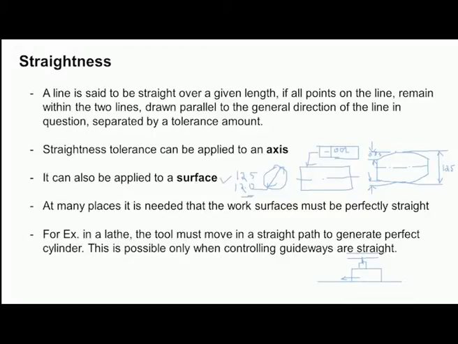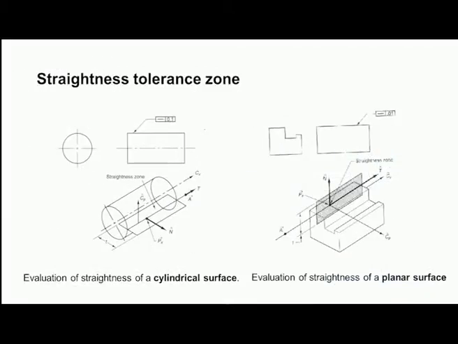If the guideways are not straight and some error is there, then the tool will also move in this fashion, so that we do not get the proper cutting. We get a lot of errors on the workpieces. So, in order to check whether the machine tool guideway is straight or not, we use many instruments and methods. So, that we will study now.